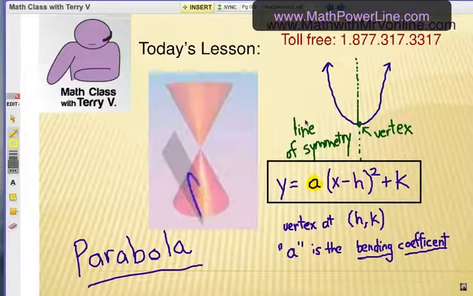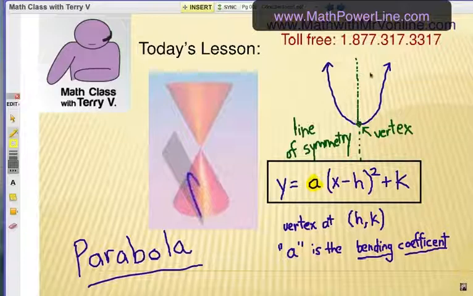It's kind of the opposite of what you might think. So if it says 1/2 out there in front, then these are going to bend down a little bit and flatten out. The higher this number is, for example 5 or 8 or 10 or 28, the closer these legs of the parabola go to each other, so they bend in towards each other.